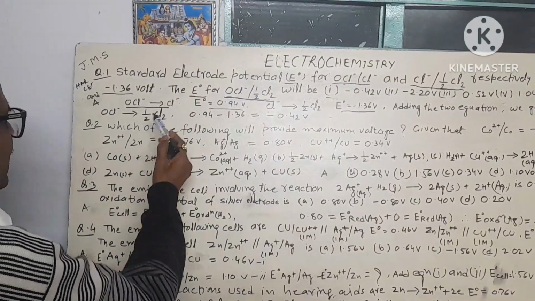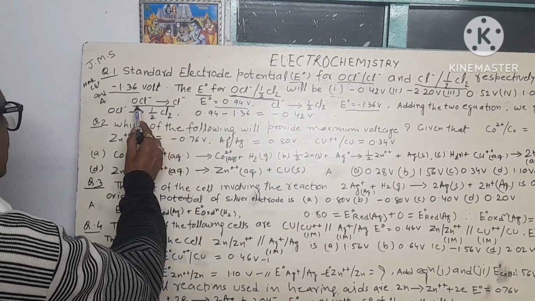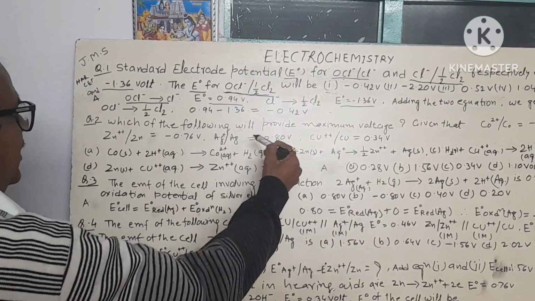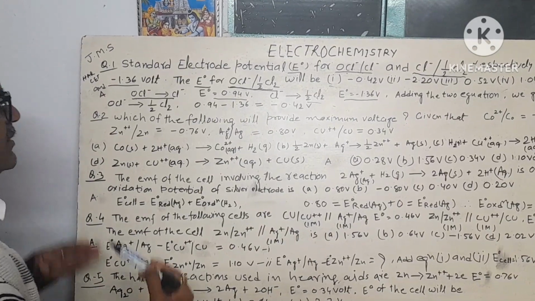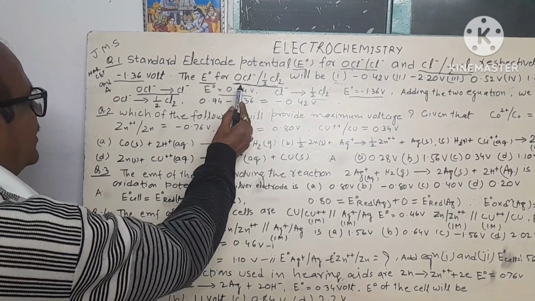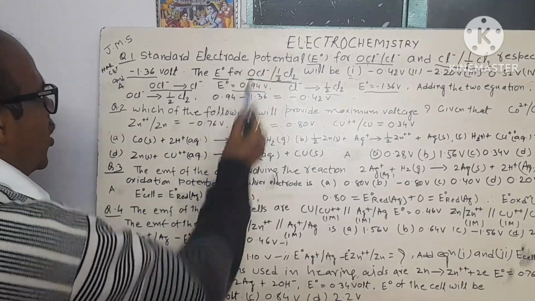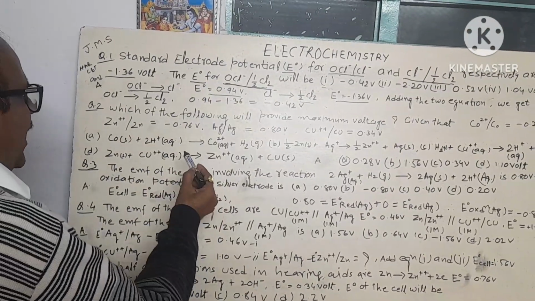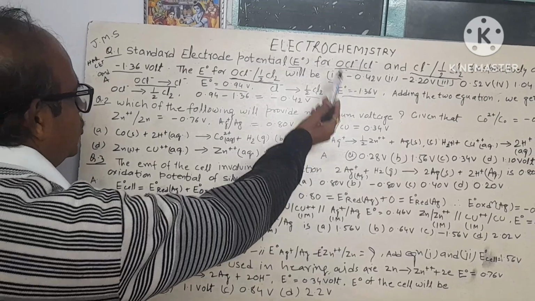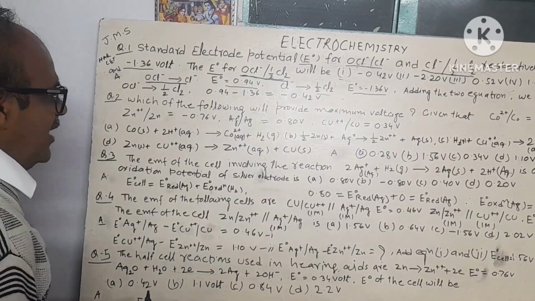Both you add. Cl minus will cancel. Then OCl minus will remain on the left side, and on the right side half Cl2 will remain. That you can write like this: OCl minus oblique half Cl2. Correct? Then because you are adding the reactions, you also add the potentials.